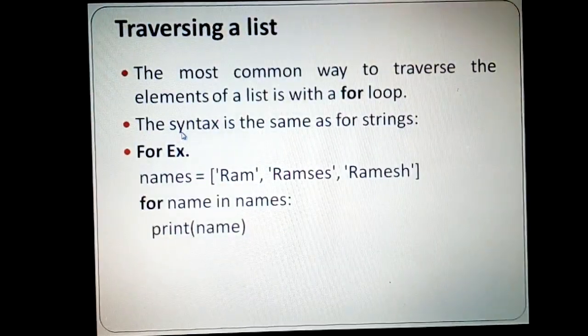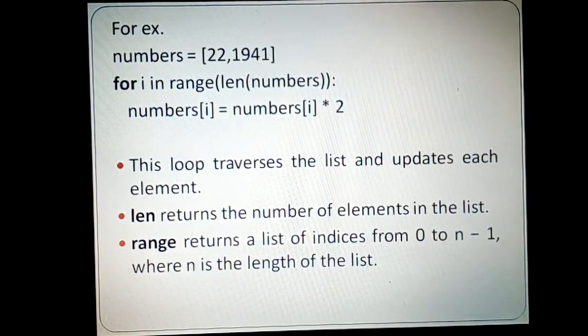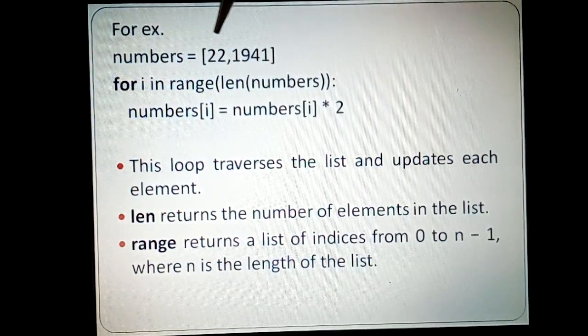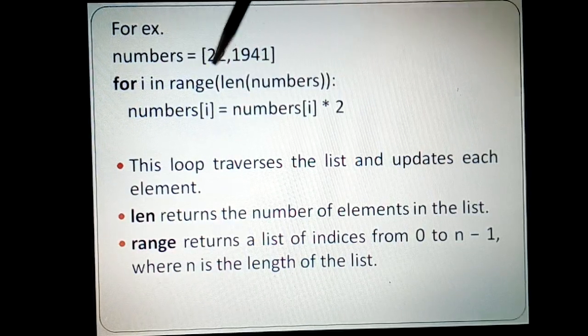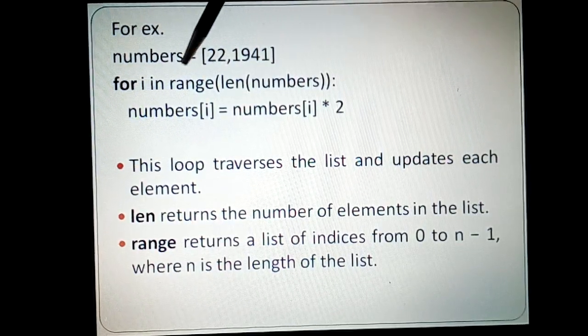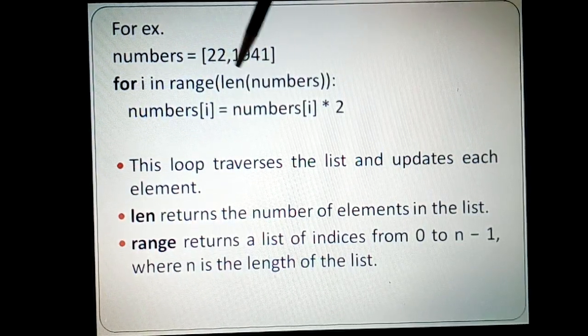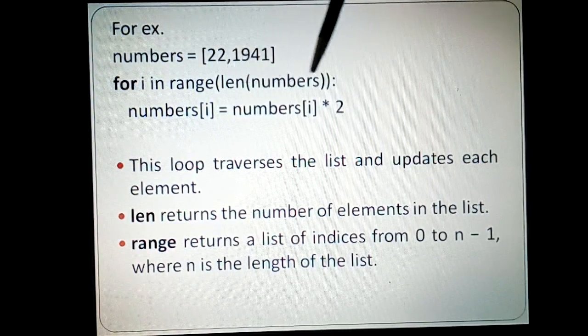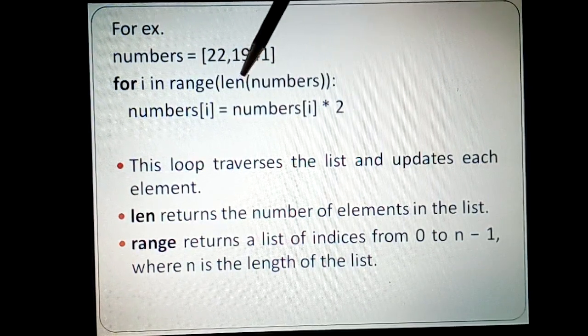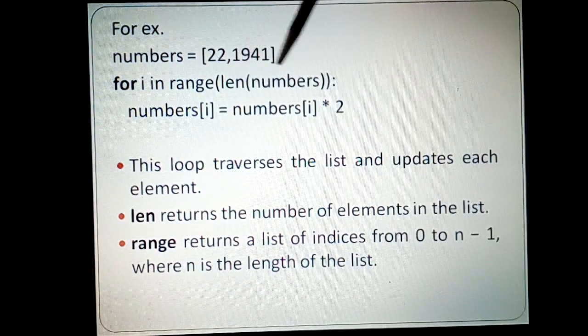So let us go back to the slide here. Then of course similarly I can have other things, for example, numbers. Now for i in range, if I want to go through these numbers, I can use their length. len is the inbuilt function, I can say len on numbers, then I can get the length of this.